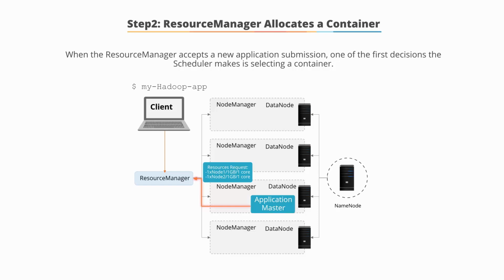A resource request is a simple request for a number of containers that satisfy resource requirements such as the following: the amount of resources, expressed as megabytes of memory and CPU shares, the preferred location, specified by hostname or rack name, and priority within this application and not across multiple applications.